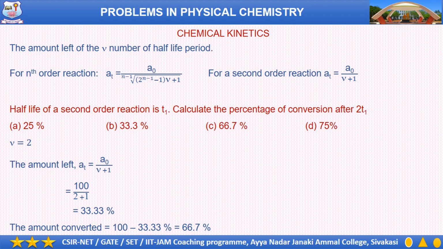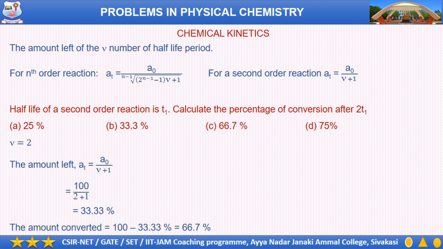The T1 of a second order reaction is T1. Percentage of conversion after 2T1. Option A, 25%. B, 33.3%. C, 66.7%. D, 75%. What is the correct answer?